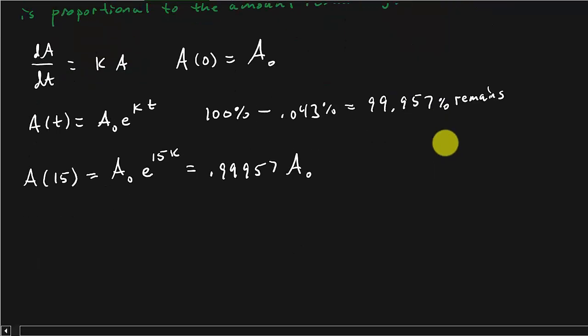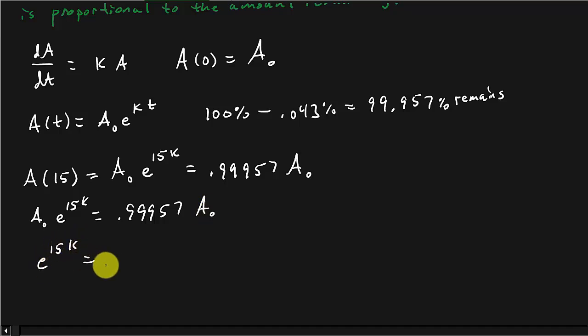And so now we've got A0 e to the 15k is equal to 0.99957 A0. So e to the 15k is equal to 0.99957. The A0s cancel out.